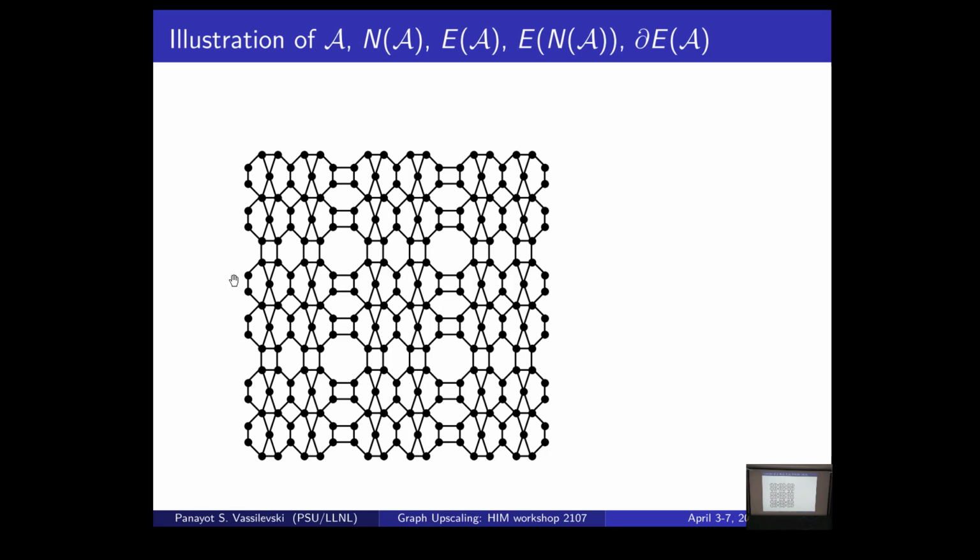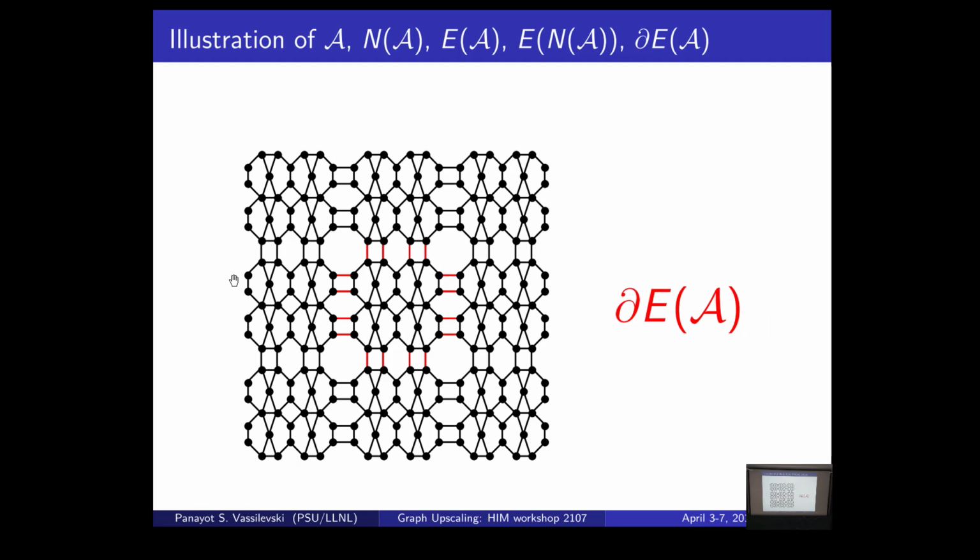So this is a very schematic version of a graph, vertices and connectivity. If this is an aggregate, this will be the neighborhood, so we add some additional vertices. This will be all the edges such that both of the vertices are in the aggregate. They will also have edges connected to the neighborhood, where at least one of the vertices belongs to the aggregate.